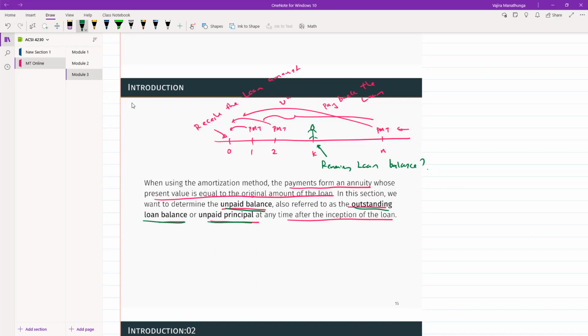So actually there are two methods. One is you can look into the future, or you can look back into the past.